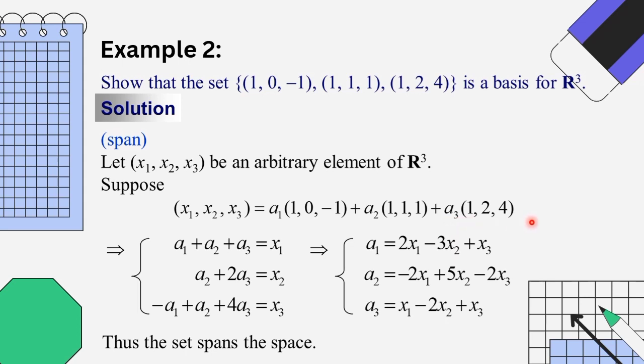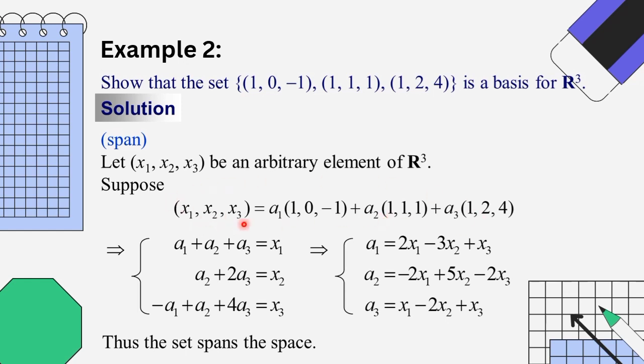Under linear combination, we have scalar quantities that, when multiplied with the elements, still give us a particular element, so there should not be an error or unknown. Our goal is to find values for a sub 1, a sub 2, and a sub 3. To do that, we equate our set into sub-equations.